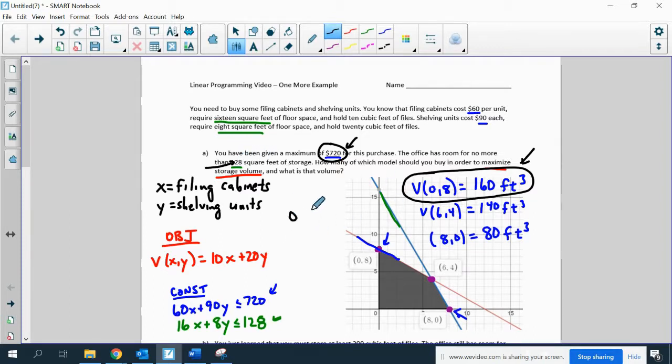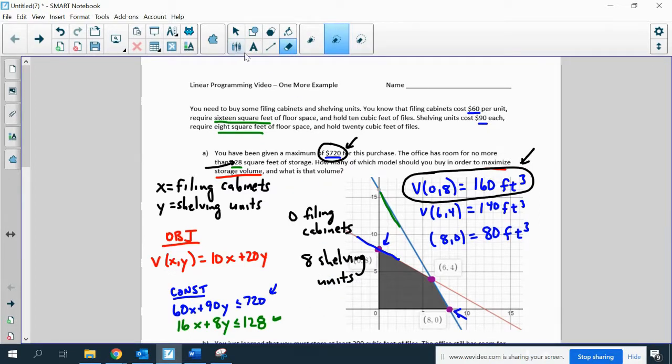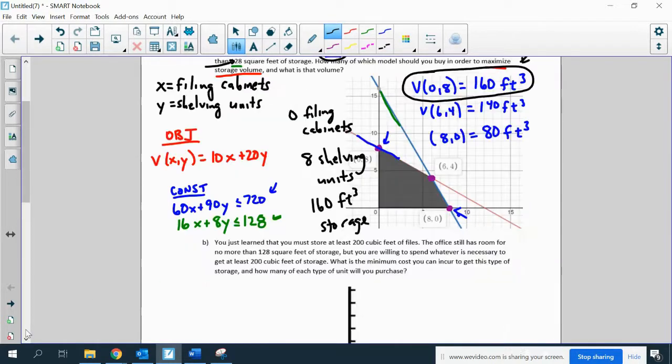So it would be 0 filing cabinets and 8 shelving units for 160 cubic feet of storing files.